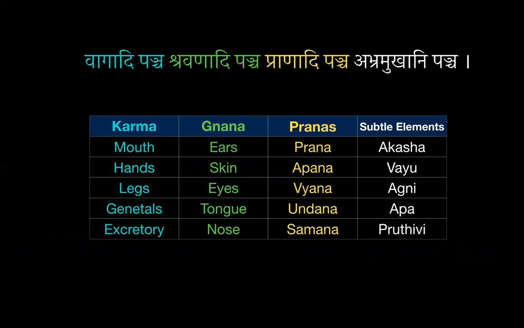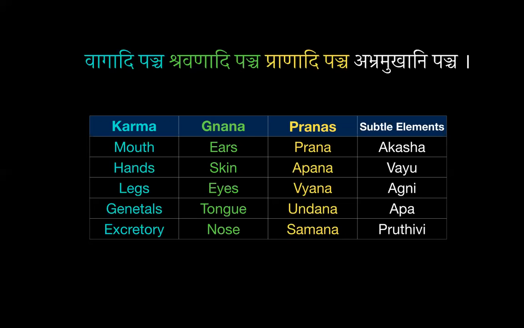Vag Adi Pancha. I have previously said, Indriya is different from Golaka. Golaka is the physical thing that is present, but Indriya is the capacity to see, is the capacity to do. So karma Golaka mouth is the physical mouth we have, but mouth Indriya is the capacity to speak.